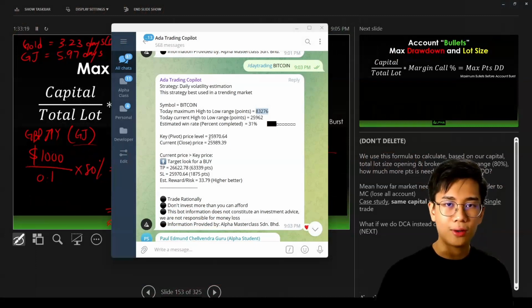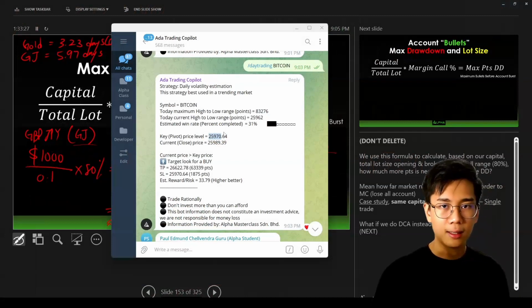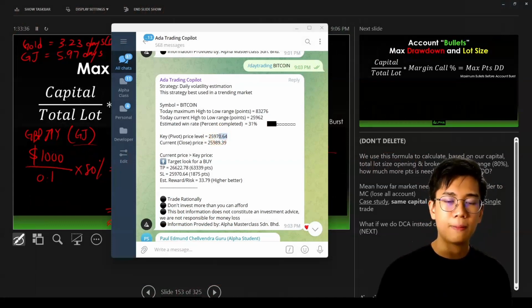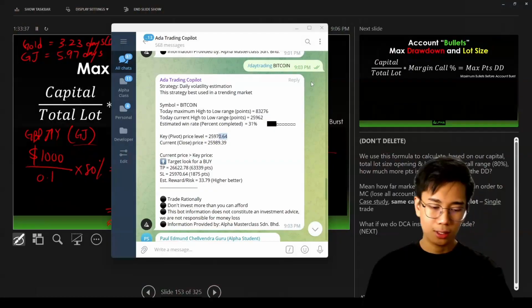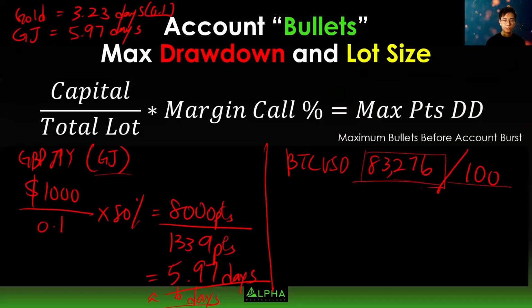Usually for Bitcoin, what we are concerned about is the first 5 digits. That's the usual Bitcoin pricing. If there is one decimal, like 0.6 only on your broker, divide by 10. If there are 2 decimals, divide by hundreds. So in this case, we got 2 decimals, so we divide by hundreds.